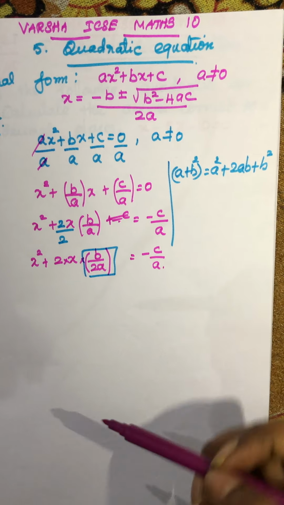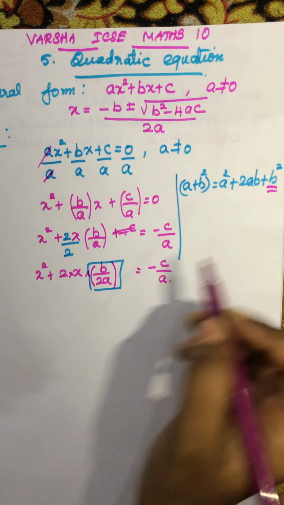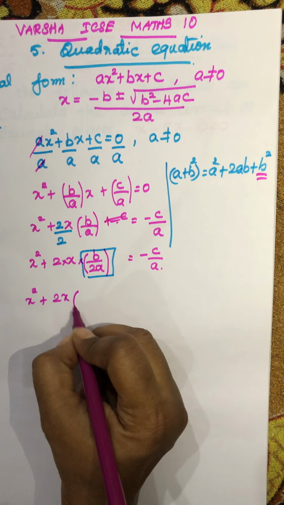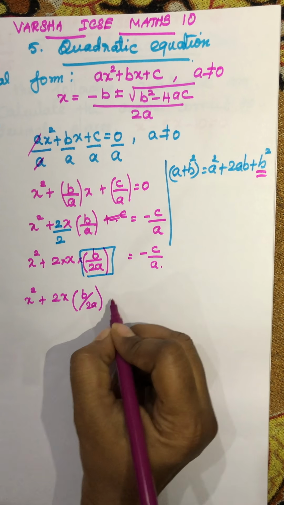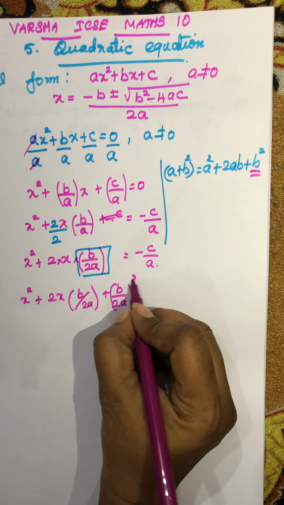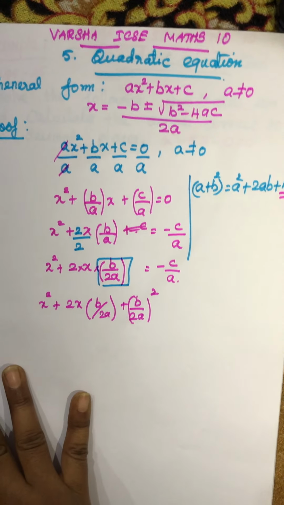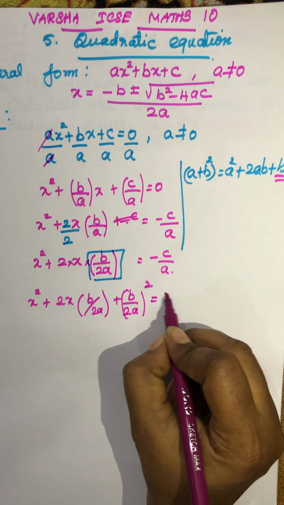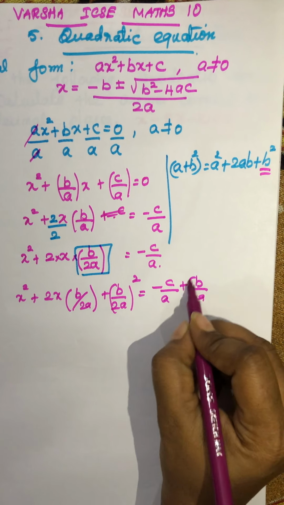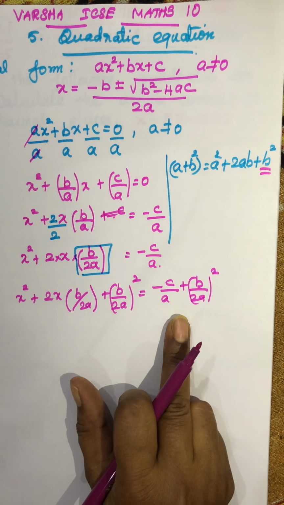So I need the b square term. The third term is the b square term. So you cannot just add, you have to add to both of the sides. So this is b by 2a, the whole square. And this is c by a plus b by 2a the whole square.